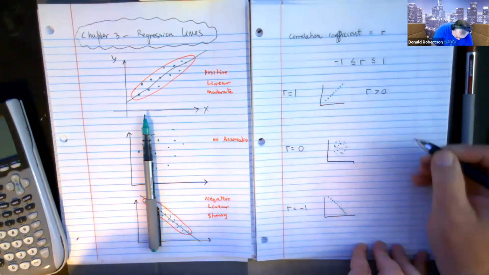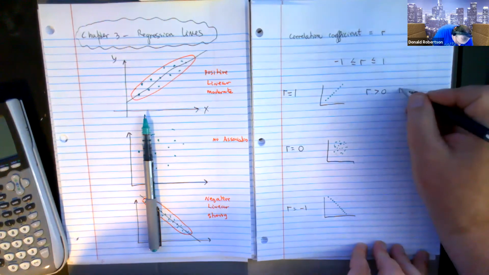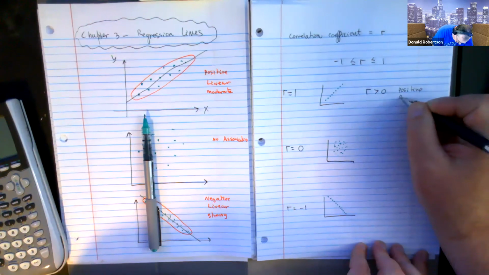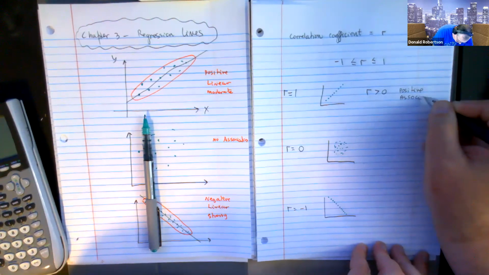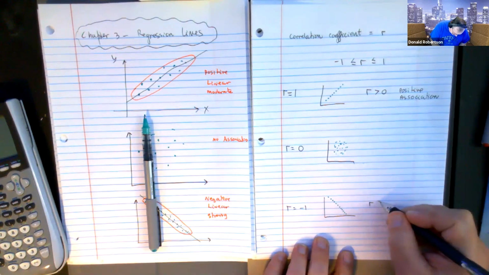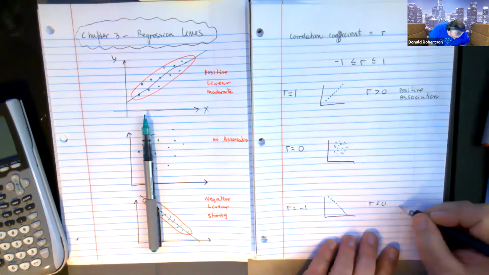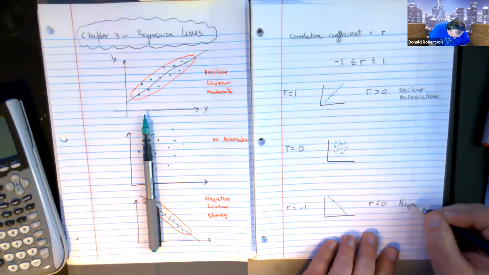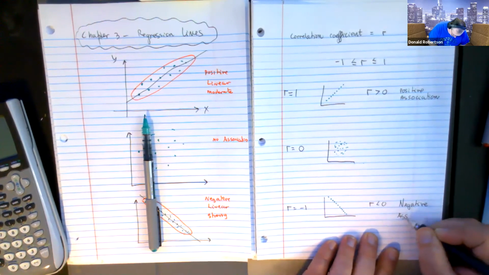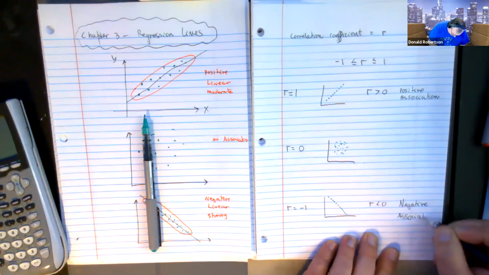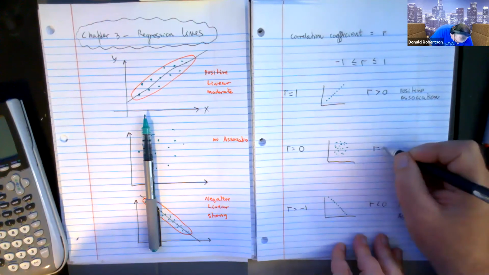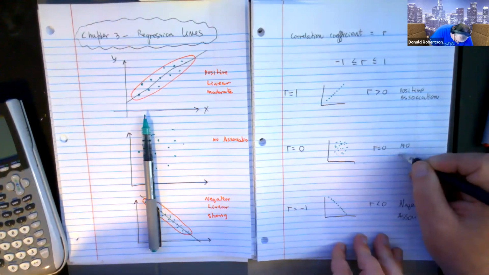If R is a positive number, then you will have positive association. If R is a negative number, then you will get a negative association. And if R equals zero, you get no association.